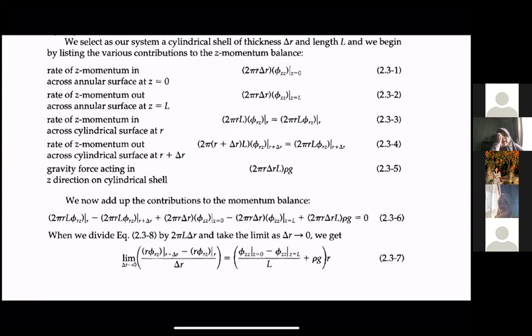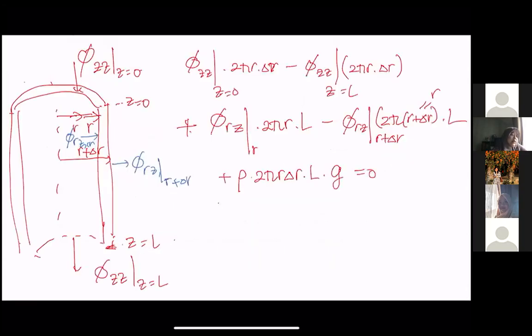Okay, so now we're going to end up with the momentum balance. For the momentum balance, we can divide both sides by 2π delta R and L. Why didn't we divide this one?